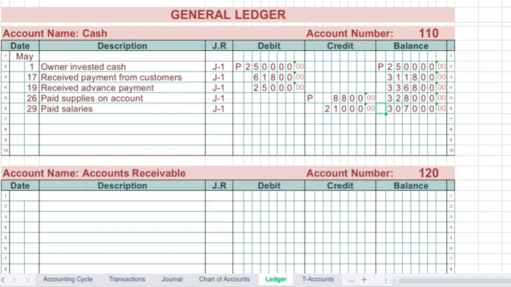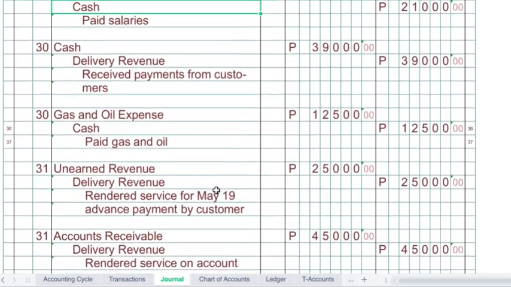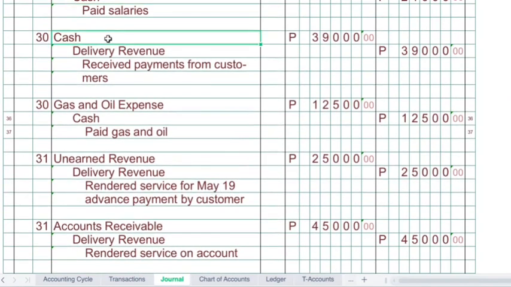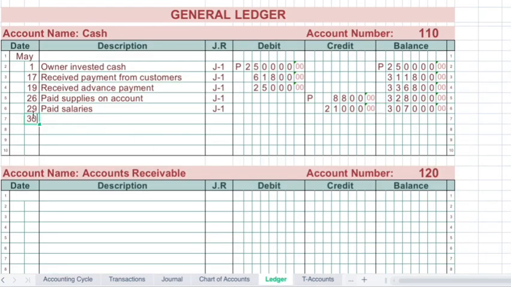Okay. Next. Okay, so we receive cash on May 30 from the customer. So we receive payments from customer, 39,000. So May 30, we receive payments from customers. So that is debit. $39,000.